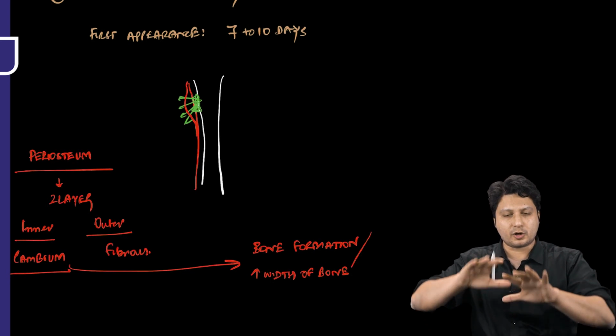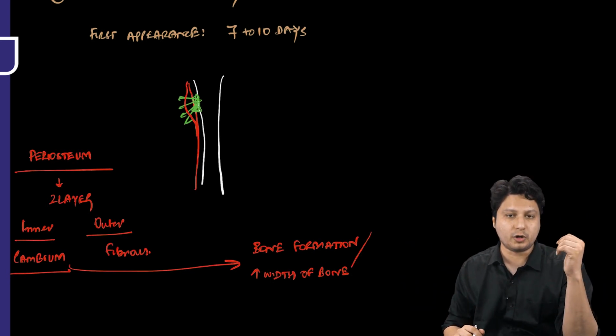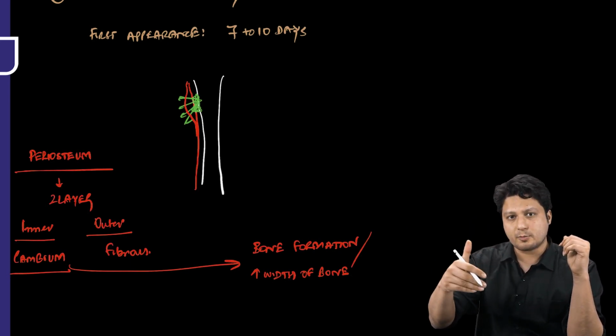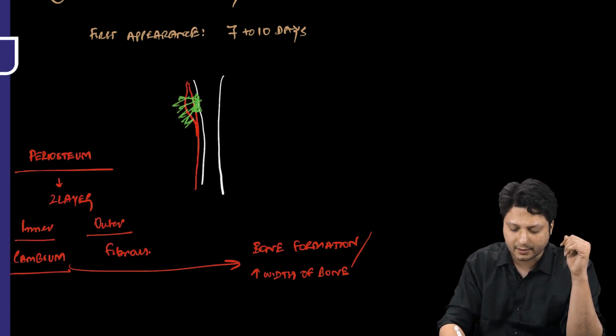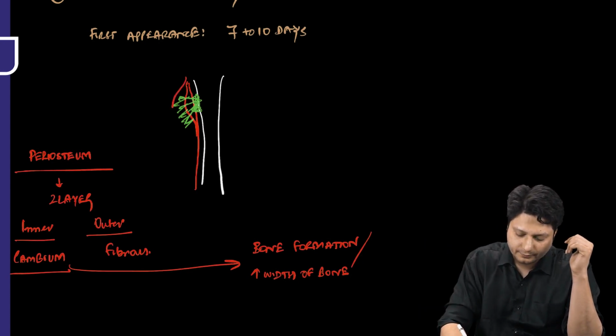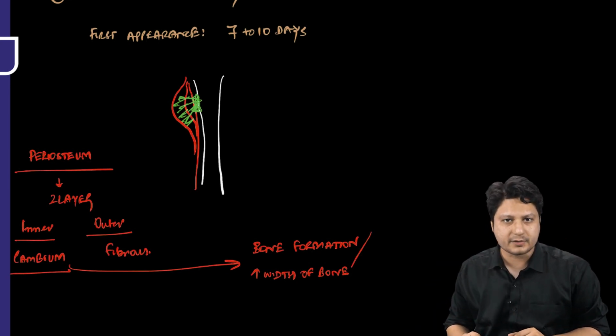It will lead to the formation of a bony wall in order to prevent the organism from moving out of this restricted zone. But if the organism is virulent or fulminant enough, it will progress further. So the cambium layer of the periosteum will take another attempt to limit the progression of this abscess or the organism.